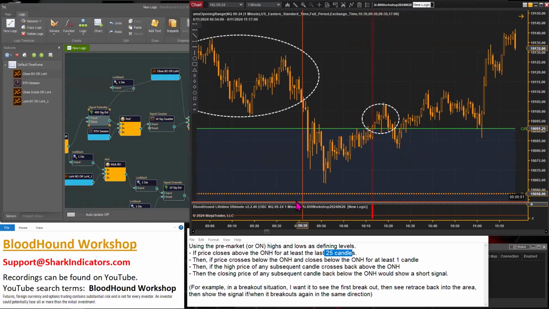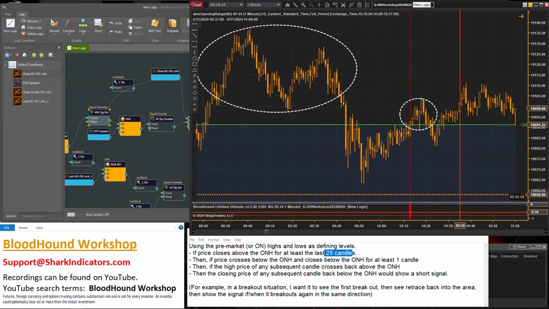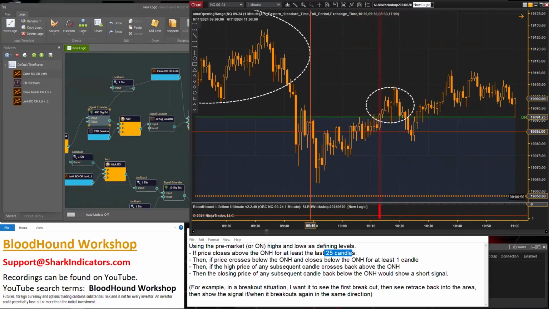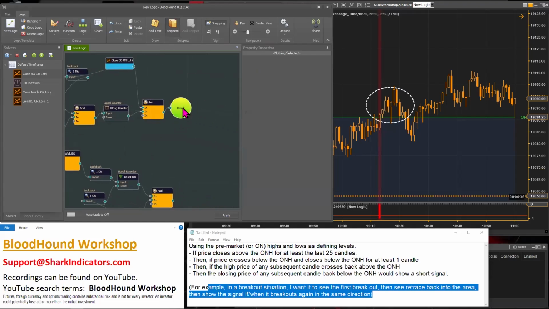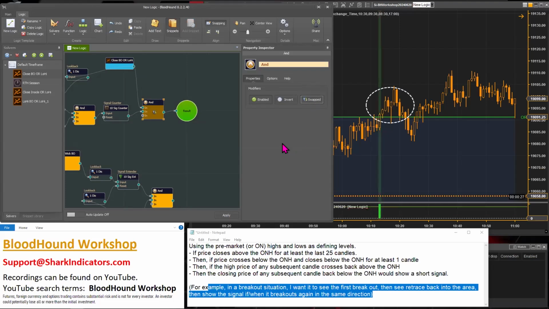And there is our signal. And again, this is a short signal. For this type of example or system, this is probably the opposite of what we want. So I'm going to take the shortcut here, and I'm going to take this AND node and just swap the outputs.